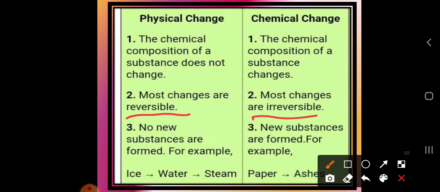In the physical change no new substance is formed, but in the chemical change new substances are formed. So, these are some examples of physical change and chemical change. Some more examples you may find in our day-to-day life.